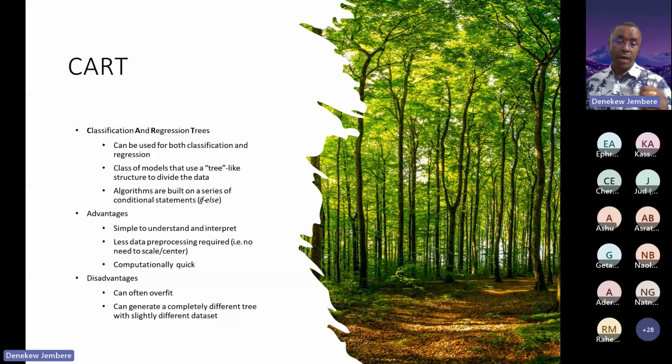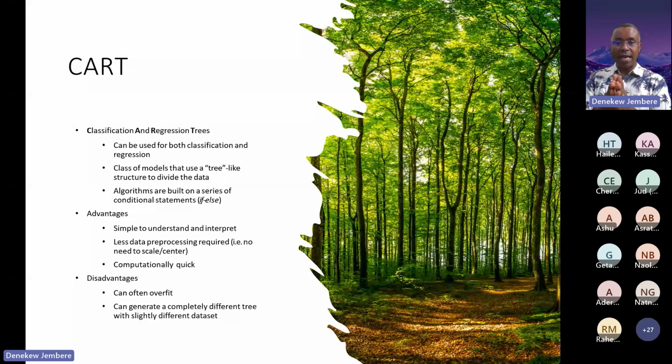The advantage of classification and regression trees is that they are simple to understand and interpret, because you can easily explain to anyone how the model treated the given data, since you know the conditions or the rules that get generated as a result of the training process. And there is less data pre-processing required, because you don't need to scale or transform the data.